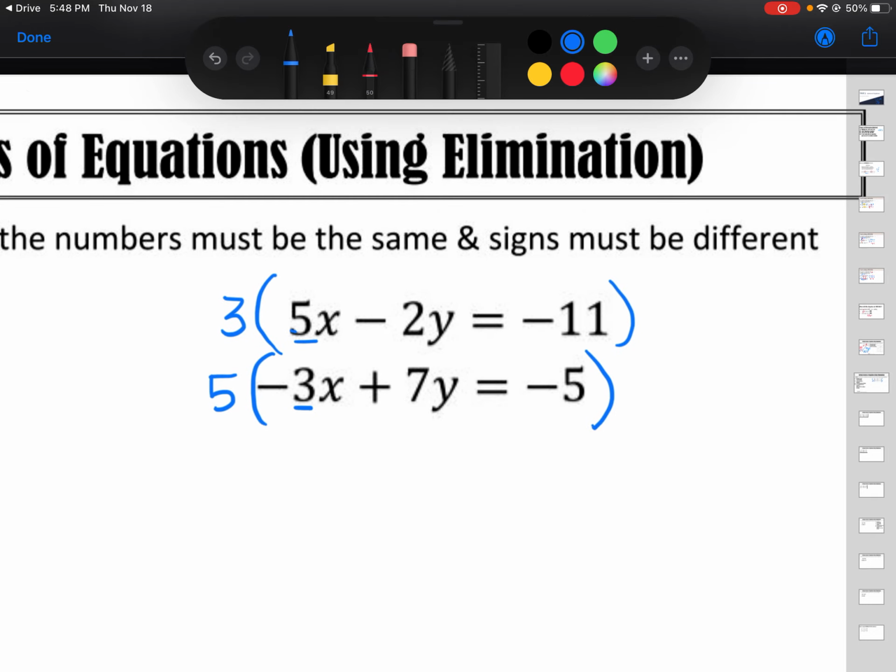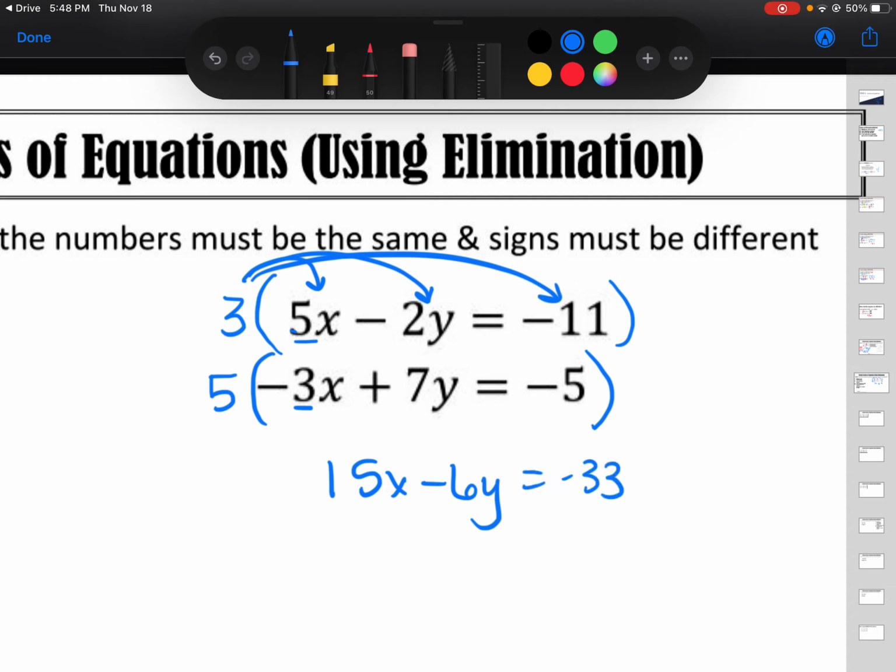So let's do that. 3 times 5x is 15x. 3 times negative 2y is negative 6y. 3 times negative 11 is negative 33. 5 times negative 3x is negative 15x. 5 times 7y is positive 35y. And 5 times negative 5 is negative 25.